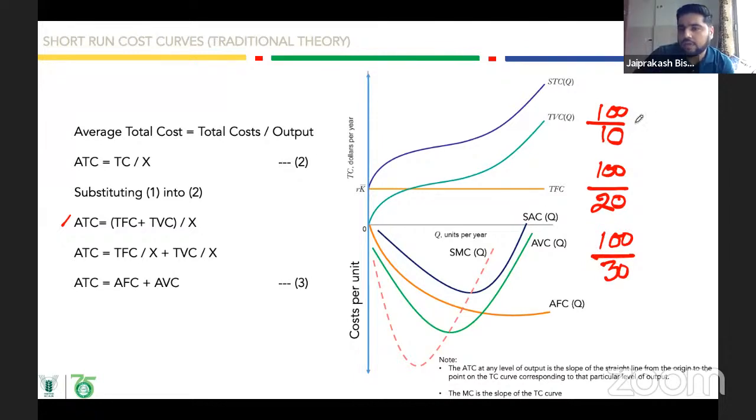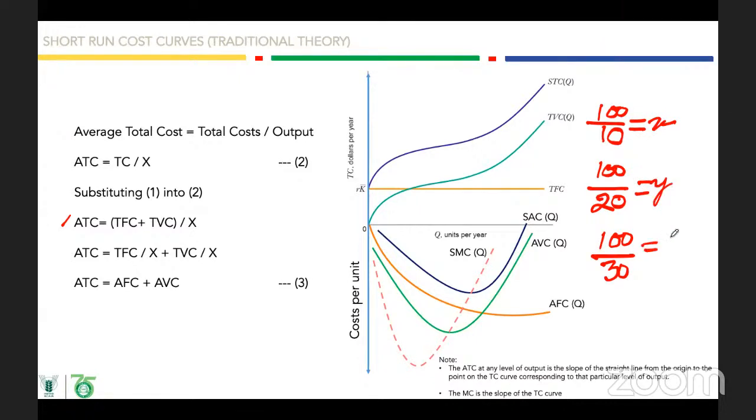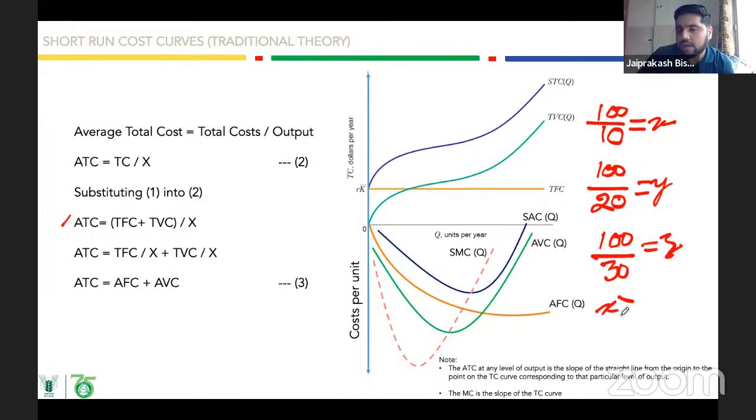So this will give you some value X, Y, Z, and X is greater than Y is greater than Z. Okay, is it correct?